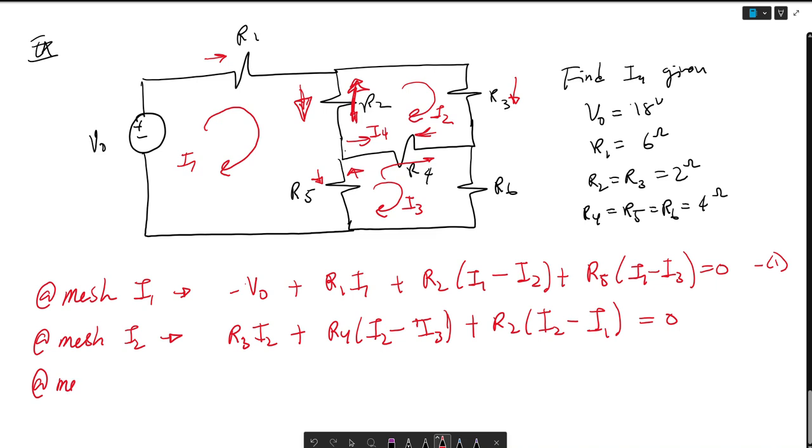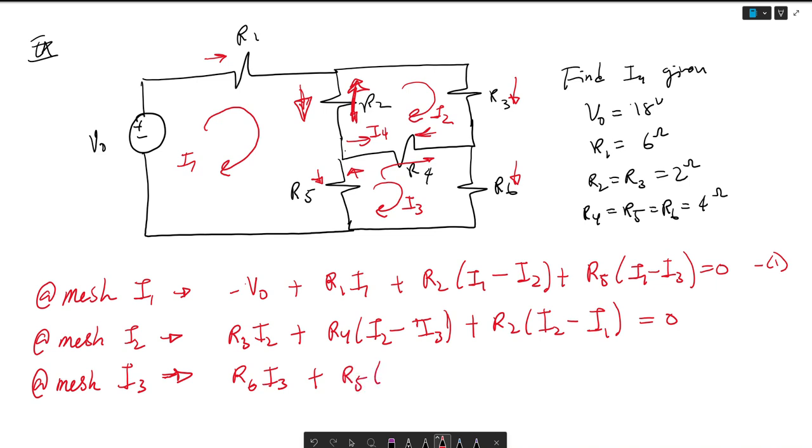And then at mesh I3, we can consider that this is R6 times I3, because it's going into I6, nothing is opposing it, plus R5 times I3 minus I1.